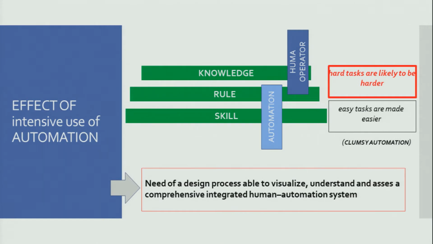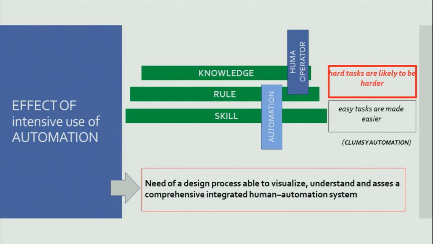So if we are going to take on board clumsy automation, maybe we can get that easy tasks are easier, but hard tasks are likely to be even harder. And this is a safety issue. So we are starting from efficiency, but then at the end we find that we might have a safety issue.